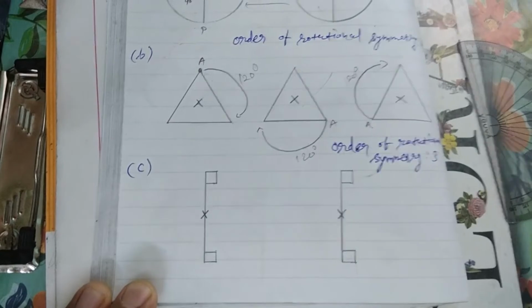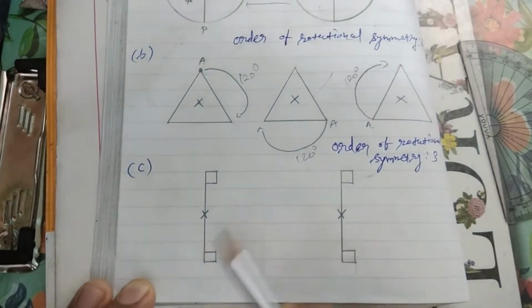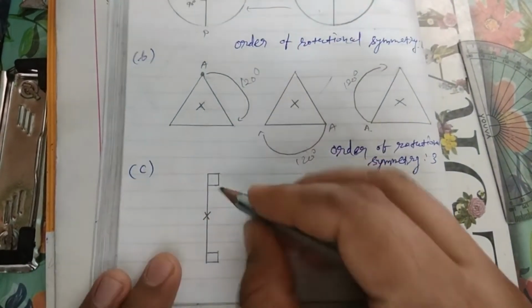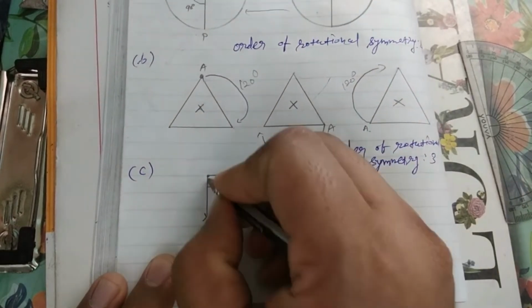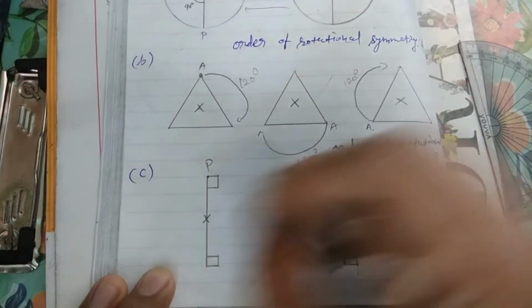Next, see, here this shape is given. Now we will take this point as point P. Now we will rotate.